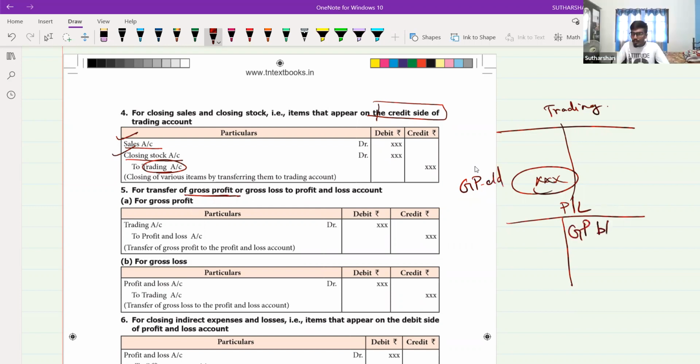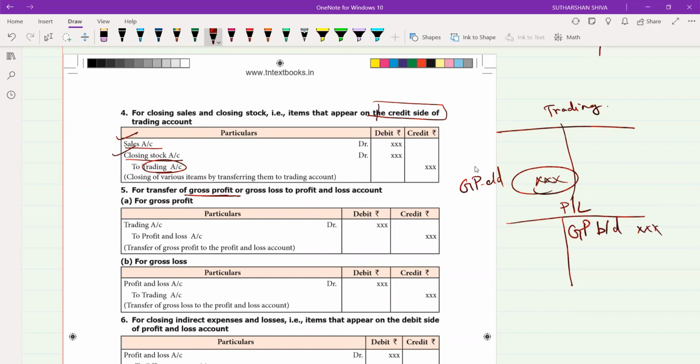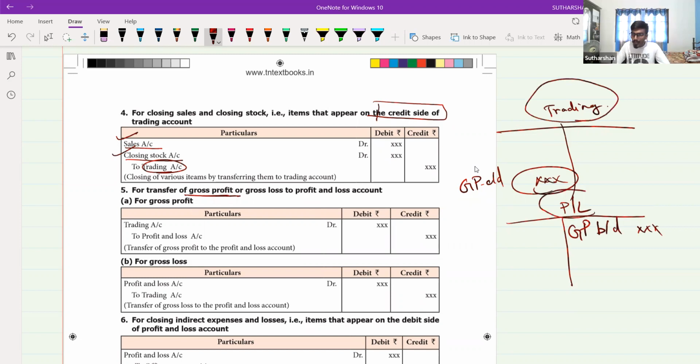So gross profit brought down will be on the credit. So I am transferring from trading account to P&L account. Which side is it on in trading? It is on the debit side. So I will write trading account debit. That I am transferring to the P&L account on the credit side. So I will write profit and loss account. Okay, trading account and profit and loss account.